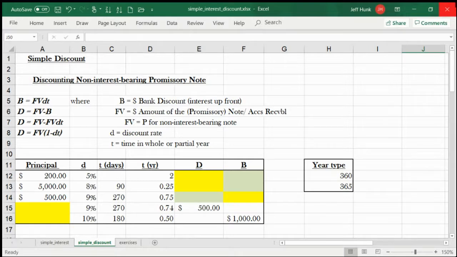But from the seller's perspective, this is the least preferred. Why? Because you have to wait 60 days to receive cash, right? So promissory note is a part of the accounts payable from the buyer's perspective, and from the seller's perspective, it is part of the accounts receivable.